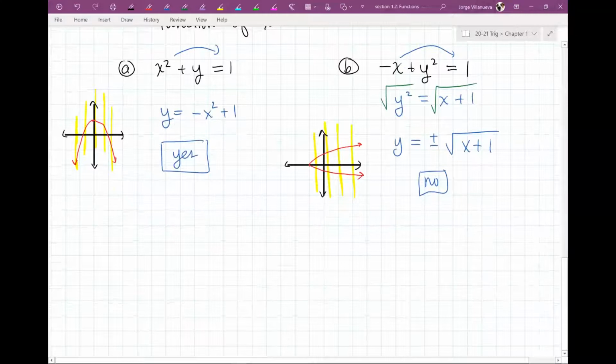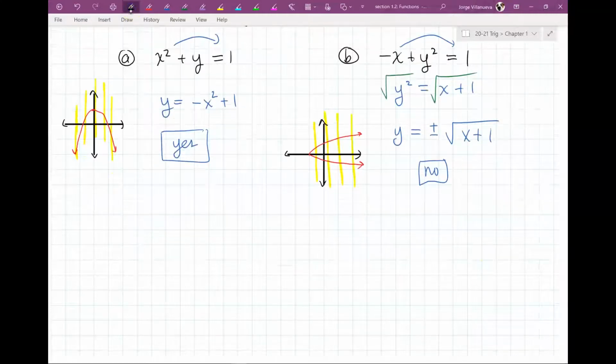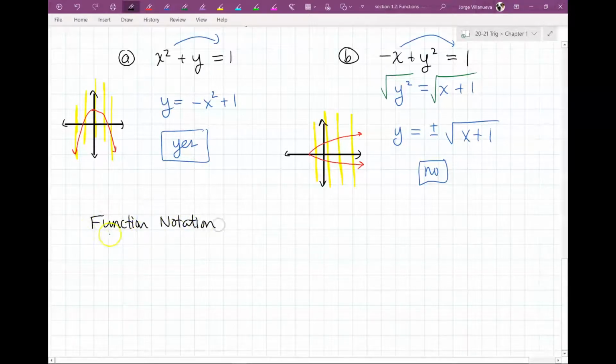Now, aside from that, they want you to know how to do function notation. Okay, function notation looks like this. So this is y equals f of x. And then they want you to be able to solve for stuff.